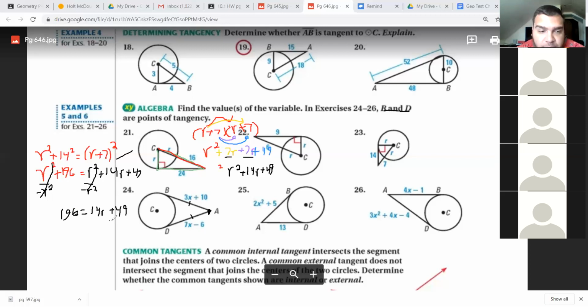From there, simple algebra, minus 49 on both sides. It's 147. So 147 equals 14r. And then we divide by 14 on both sides. Looks like 10 and a half to me.